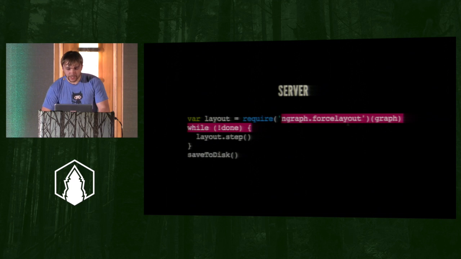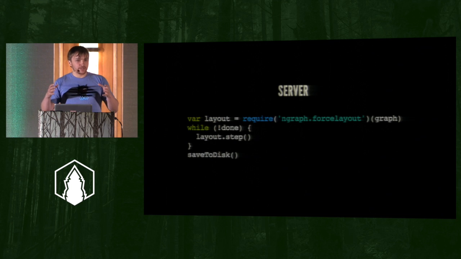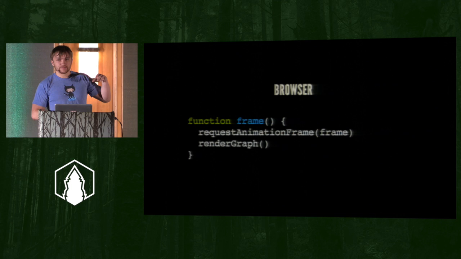The server will get this module and then perform 200, maybe 500 iterations of this battle, and then compute the forces for each of the particles. And finally, it will save the results to the disk. For each node, it will save XYZ coordinates to the disk, right? Now, the browser can download this file just once and use this array of XYZ coordinates to position every single node.